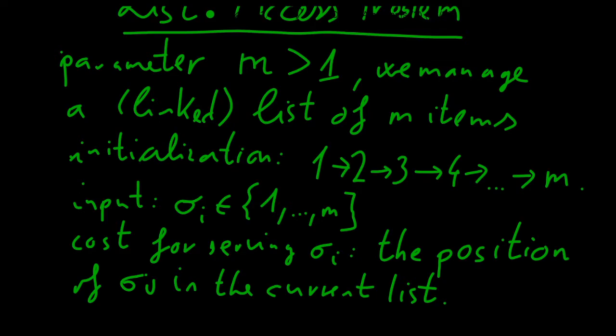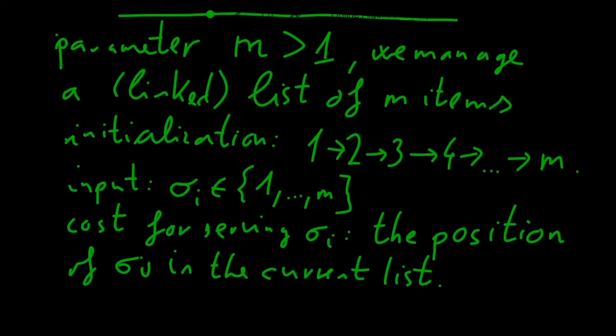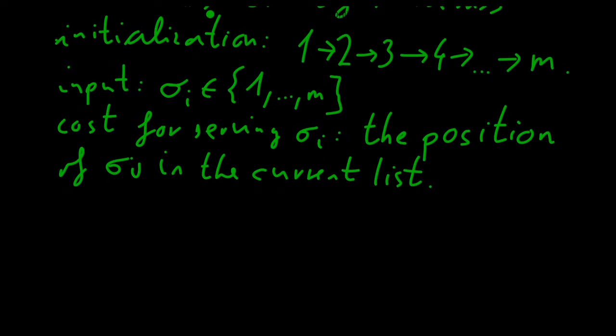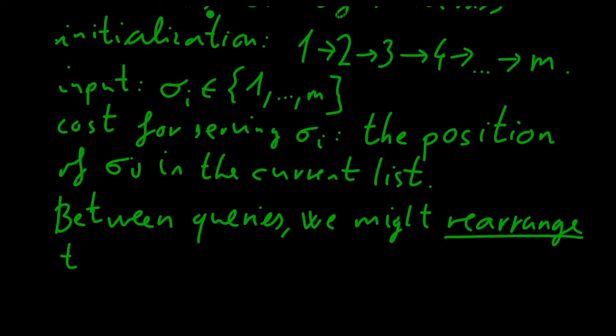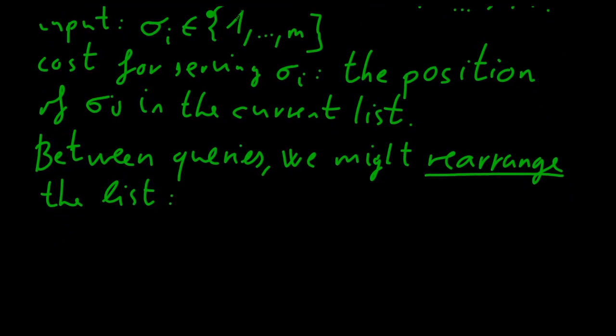And between queries we can rearrange the list. So there are two options in the basic model.